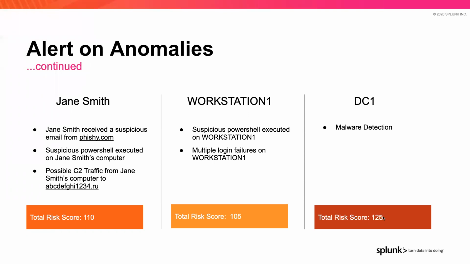Now, a risk score of greater than 100 is just one method. I've mentioned MITRE over and over again. Using MITRE tactics is absolutely an excellent method of uncovering anomalies, things that are spanning multiple MITRE tactics. Risk objects that have multiple sources of risk, multiple detections against them.